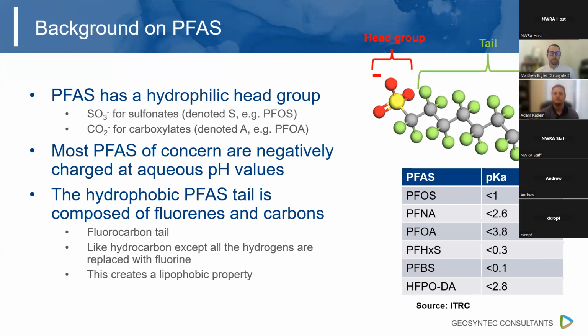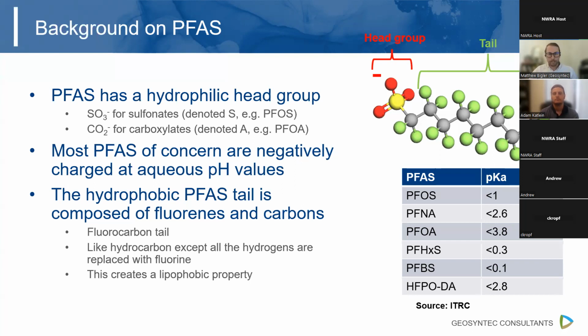So above a pKa, for a pH of 7, our PFAS of concern are deprotonated. So they all maintain this negative charge. And that's what is important because all of our PFAS that we're concerned about are negatively charged, and that creates this hydrophilic head group.